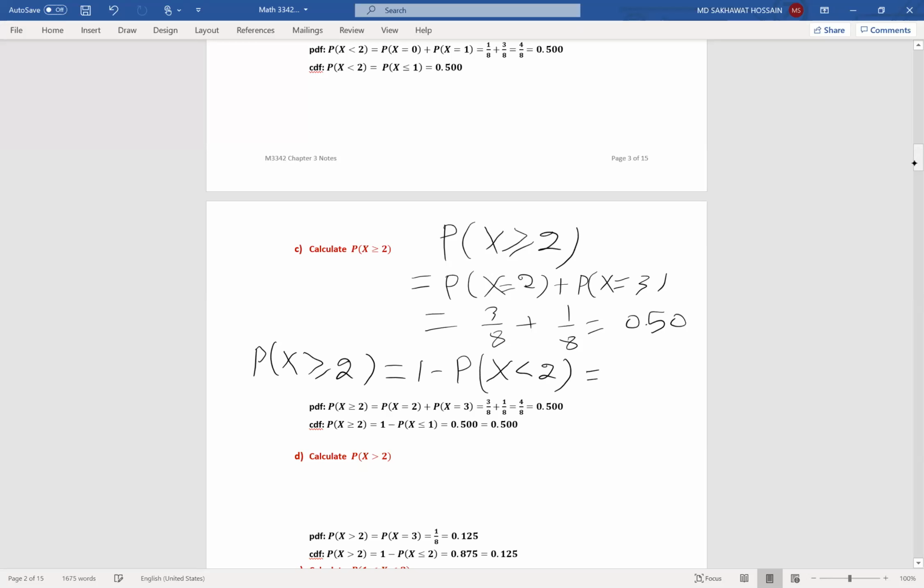Or you can also write this as 1 minus probability of x less than or equal to 1. So this is actually 1 minus F of 1. From the table, F of 1 is 0.5, so it will be 0.50.